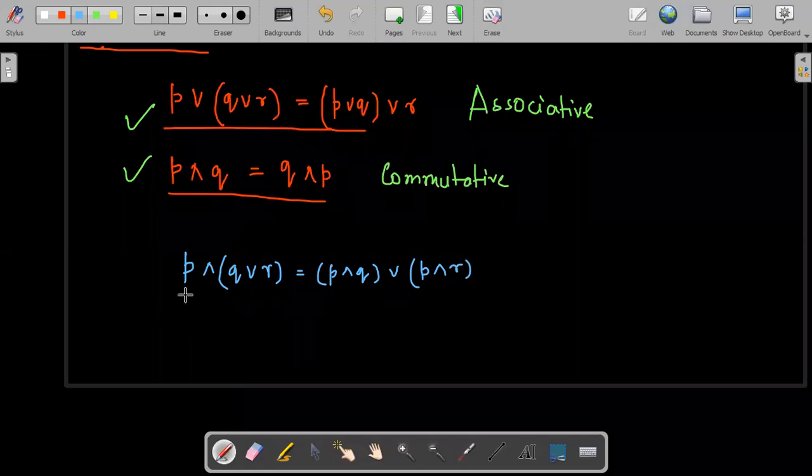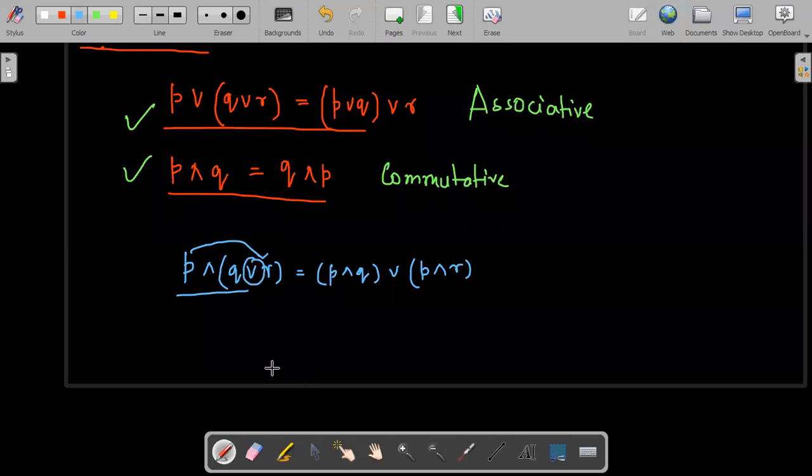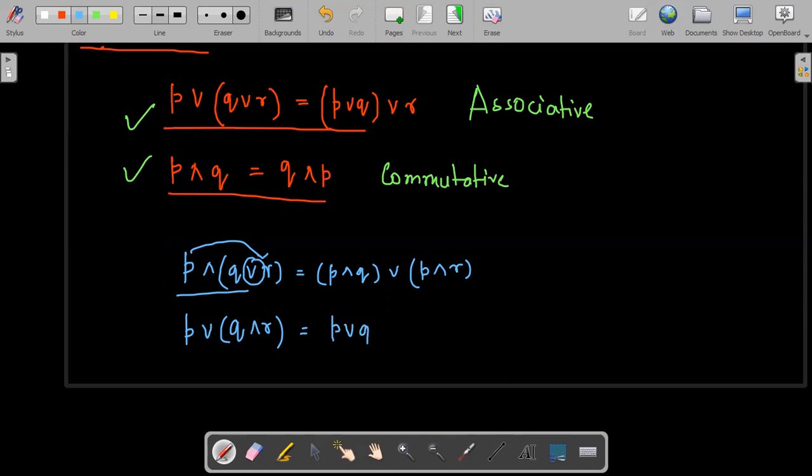When we open the bracket, this comes, and in between, this comes. All these are set laws. Okay, sorry, it should be R. So this is called the distributive law.